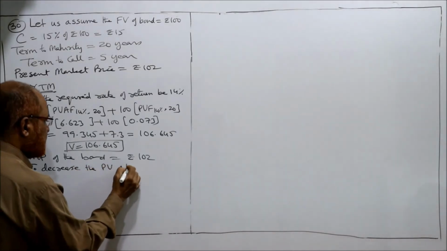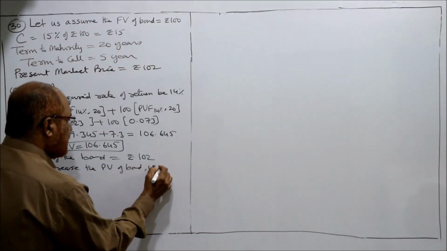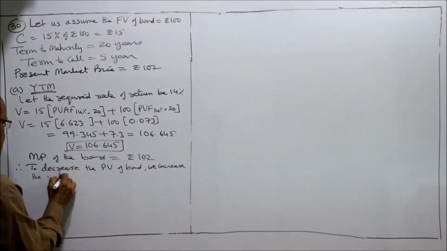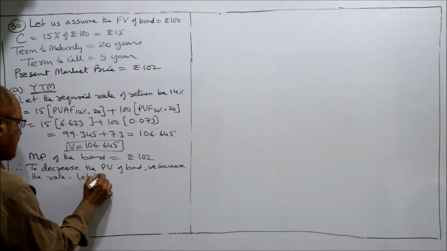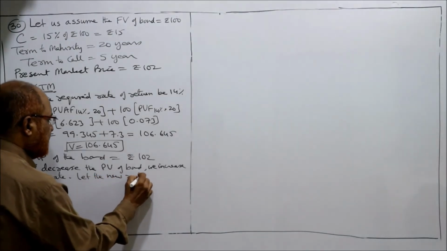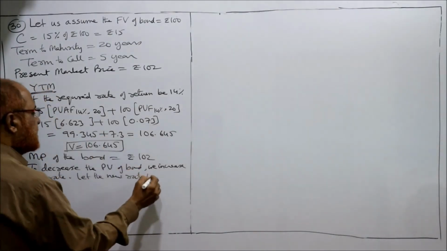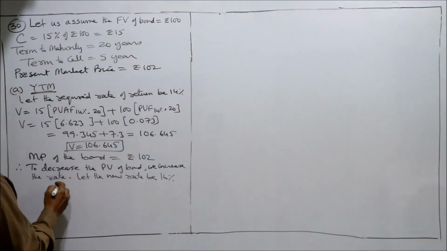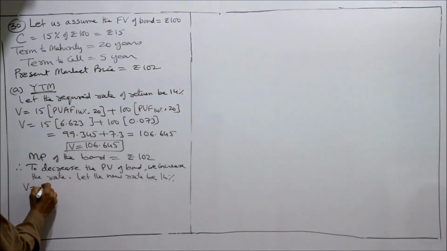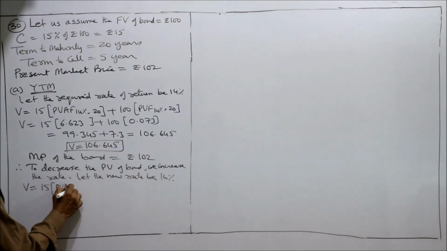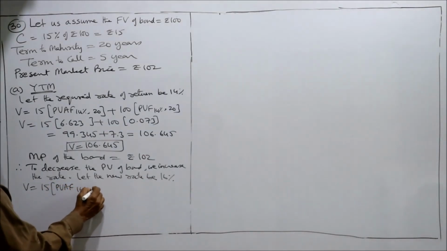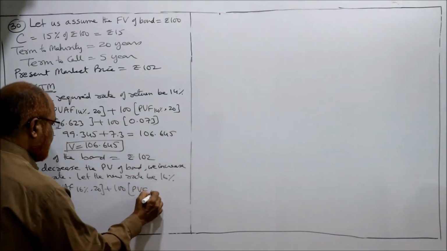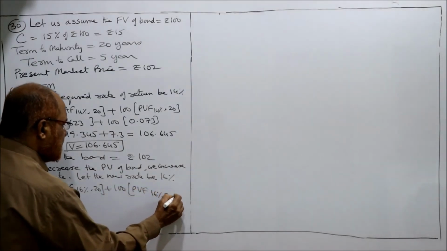To decrease the present value of bond, we increase the rate. Let the new rate be 16%. पहले 14 लिए थे, अब 16 लेंगे. तो V is equal to 15 into PVAF 16% 20 years plus 100 into PVF 16% 20 years.